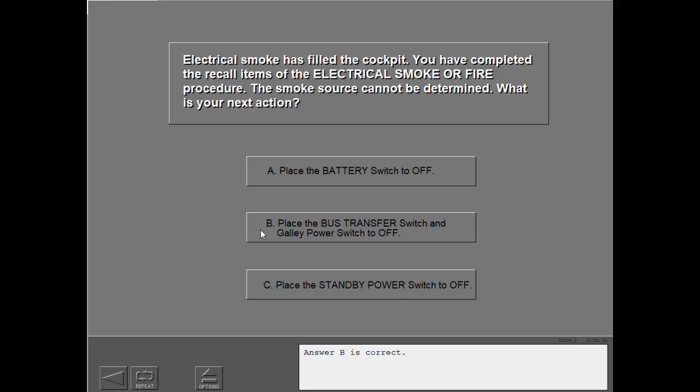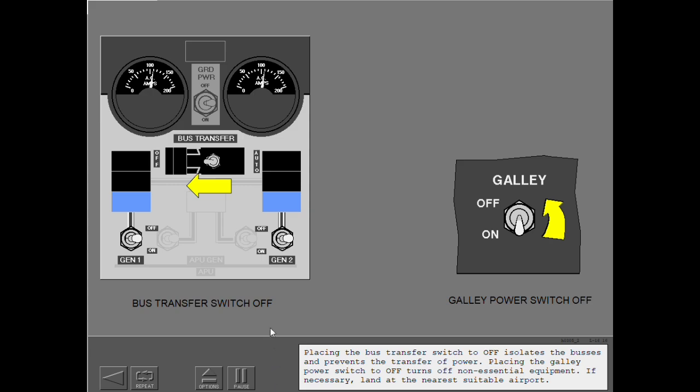Answer B is correct. Placing the bus transfer switch to off isolates the buses and prevents the transfer of power. Placing the galley power switch to off turns off non-essential equipment. If necessary, land at the nearest suitable airport.